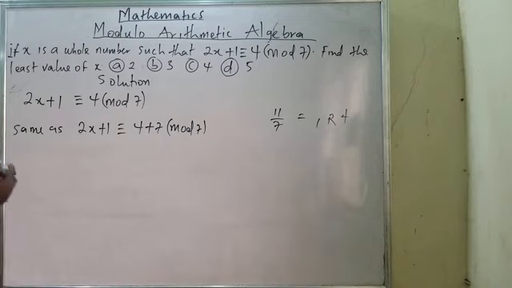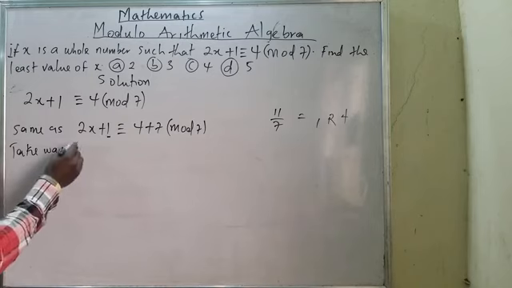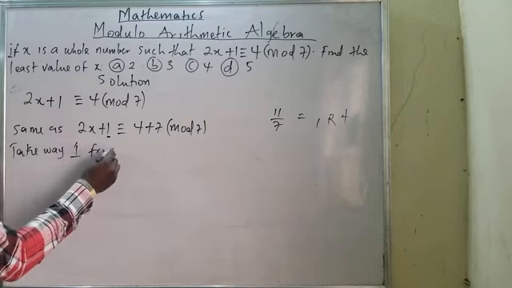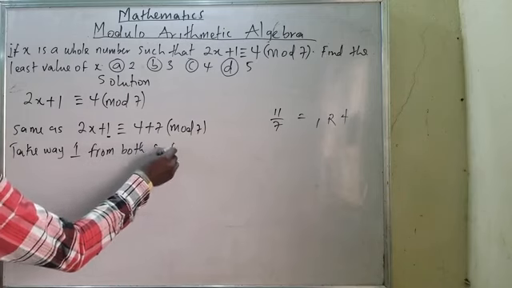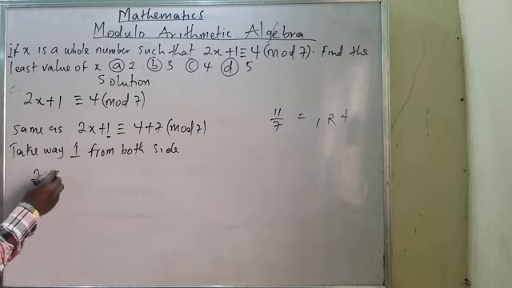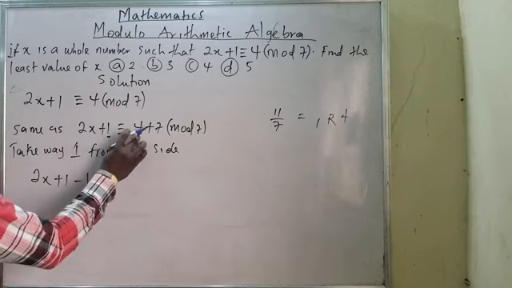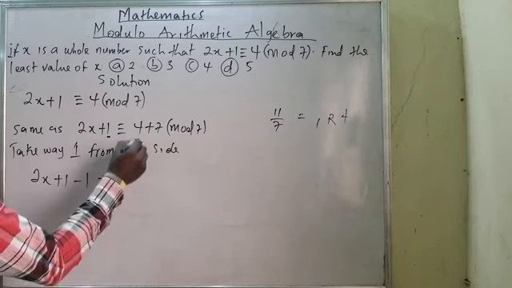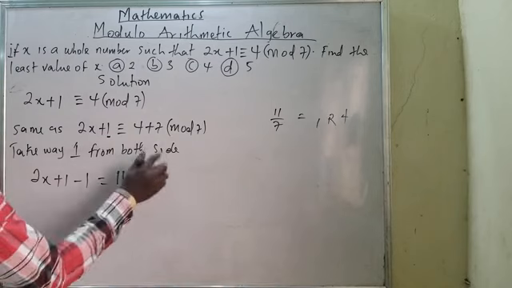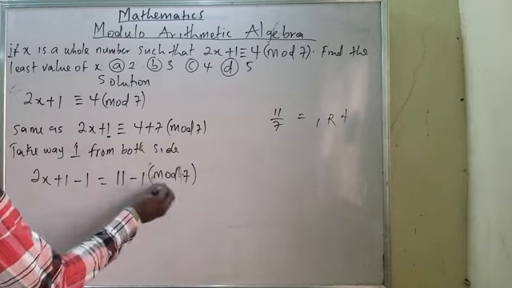Now, at this point, take away, or subtract, 1 from both sides. If I take away 1 from both sides, it means 2x plus 1 minus 1 equals 11 minus 1 mod 7, or modulo 7.